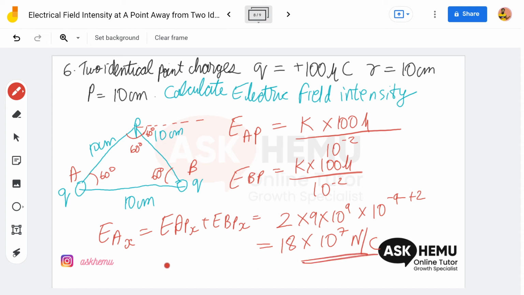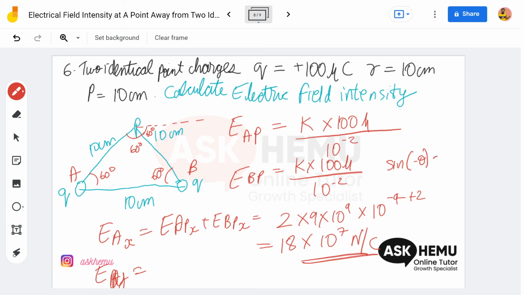Interestingly, for the y component, when I sum those values, the sine angles, sine 60 and sine of minus 60, are going to cancel each other, because sine of minus theta is minus sine theta.